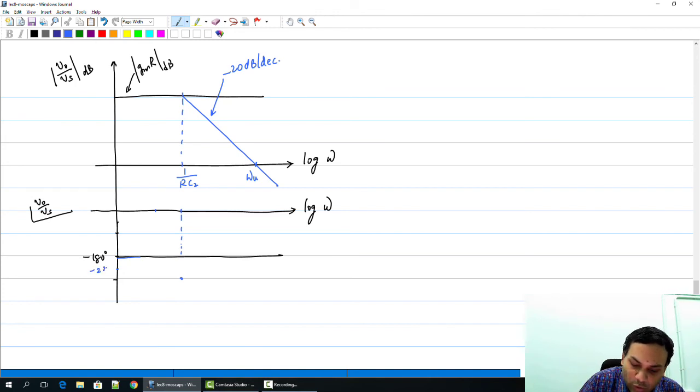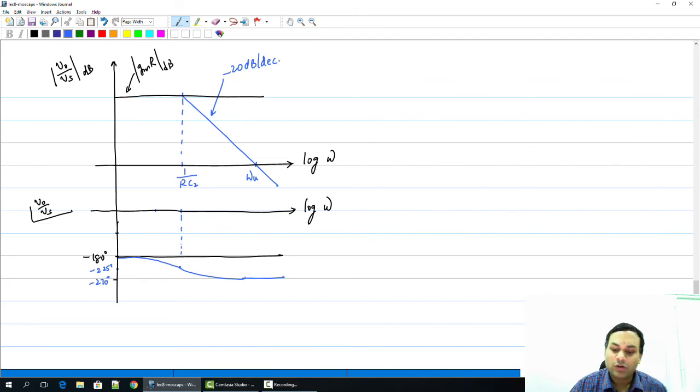It will be at minus 225 degrees at the pole frequency, and at very large frequencies the pole should contribute 90 degrees, and therefore it should asymptotically go to minus 270 degrees. So the phase response will look something like this.